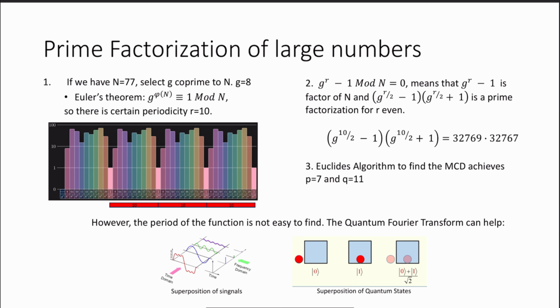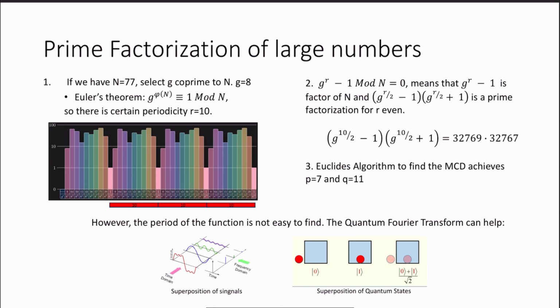So let's see here. Let's assume that we have a value of n equals 77. And then if we have a value of g that is coprime to n, then by Euler's theorem, g to the power of phi is going to be 1 modulo n.